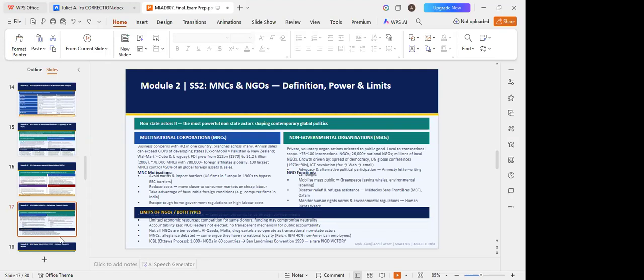Like they are working towards a purpose, if it is for poverty alleviation, they are working towards a common good. Okay. Another definition, please. NGOs work for social or humanitarian causes, and they are usually funded through donations, grants, or contributions from the membership.